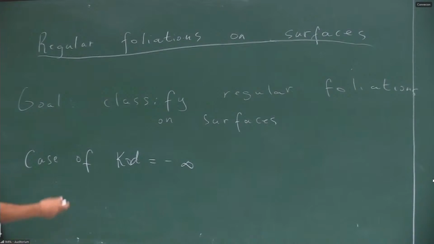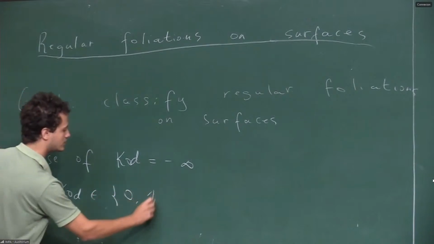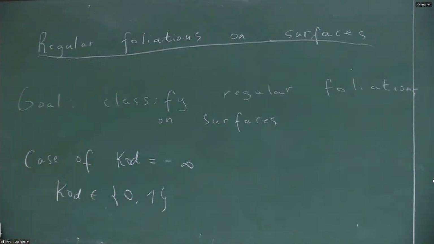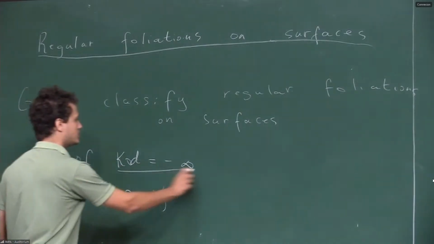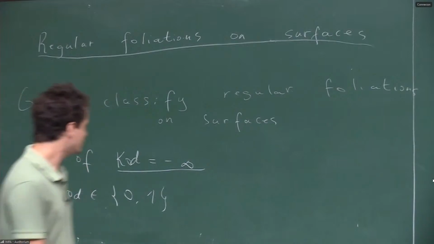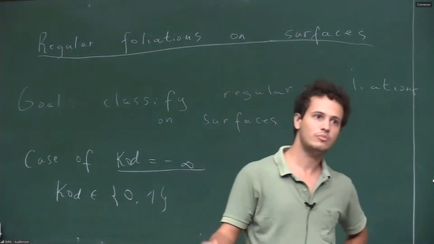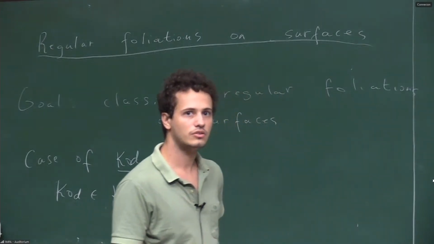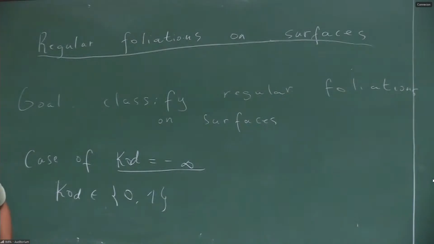It turns out that for the cases Kodaira dimension 0 and 1, the classification goes in a more or less similar way to the case Kodaira dimension minus infinity. In all these cases, we will be able to find a foliation on the surface with which we can compare our original regular foliation and get some information on the foliation.